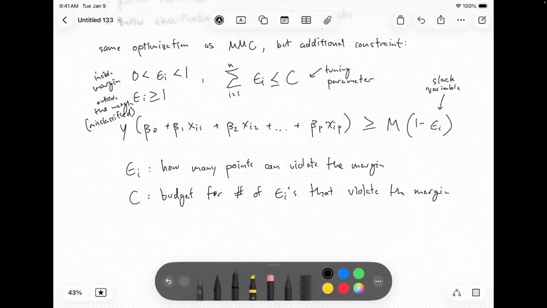So if C is really, really large, then I can arbitrarily put the line anywhere I want, right? Because you're allowed to have any amount of violations. And if it's really small, then you're essentially having a small budget for violations or not allowing any violations at all. How do we choose the value of C?